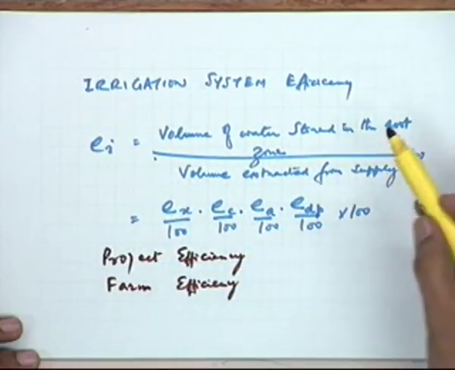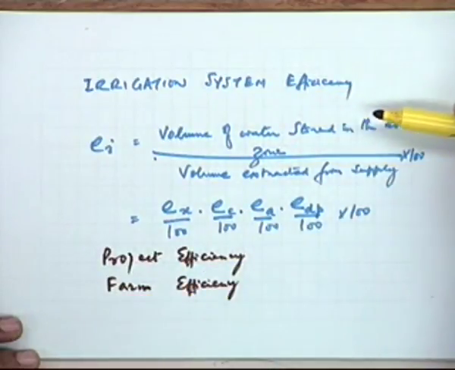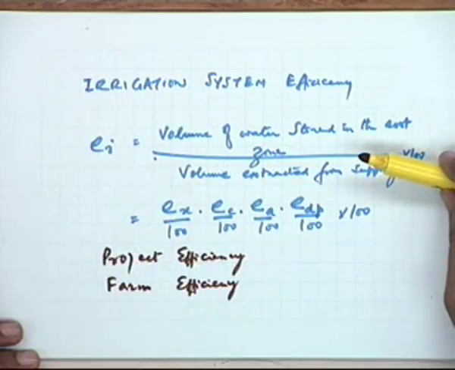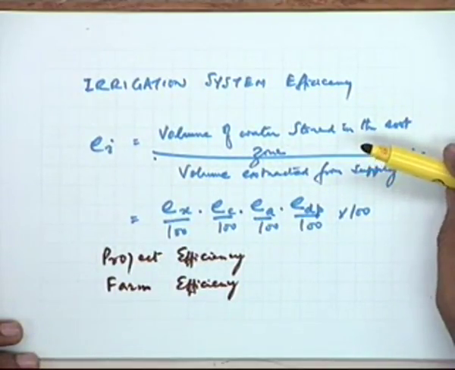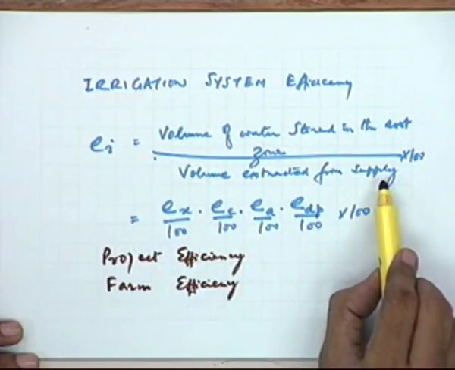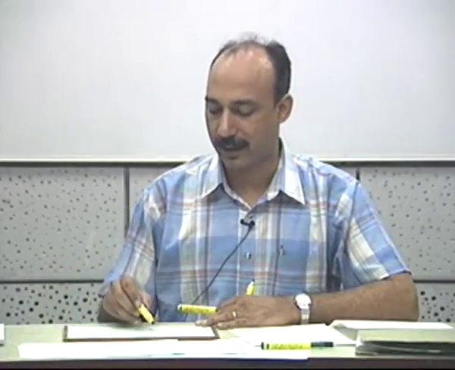In the case of farm efficiency, it will be the volume of water stored in the root zone to the volume of water delivered to the farm head gate. So what is my input level? If I shift my input level, then I am considering the conveyance losses beyond that farm or within the farm.